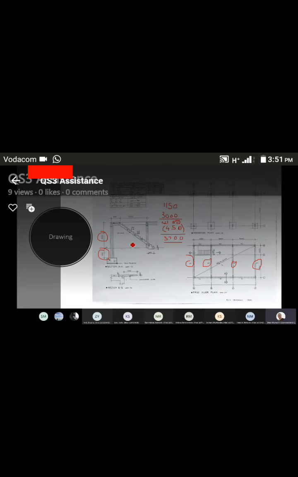Now, I need to determine the concrete that must go into these columns. When I look at my drawing, first of all, I see that this column and that column are the same shape. Can you all see that? That one, that one, that one, that one, that one, that one. They're the same shape.